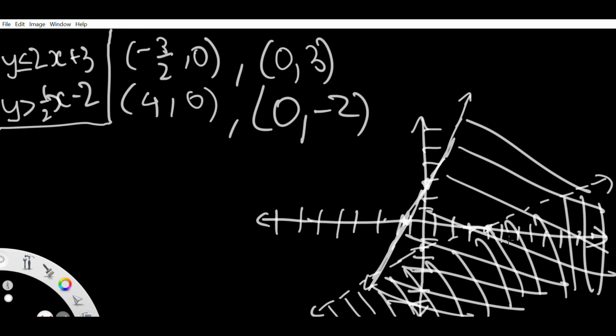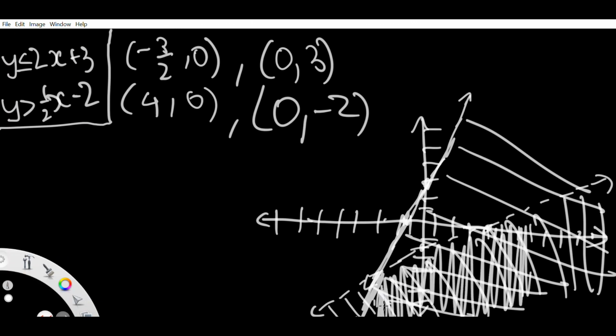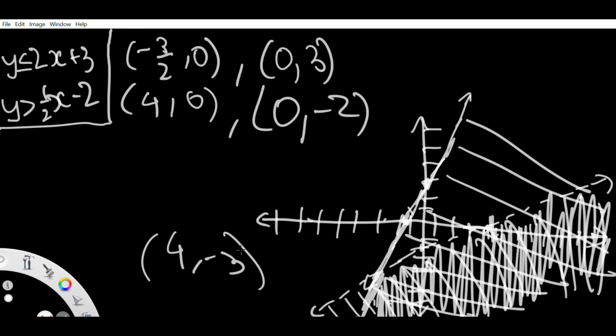Now that we have two different ranges, we can conclude that this bolded region is the area which would give us solutions for both. For example, if we took the point 4, negative 3, this point should work for both of them. So negative 3 is less than or equal to 11, which is true.